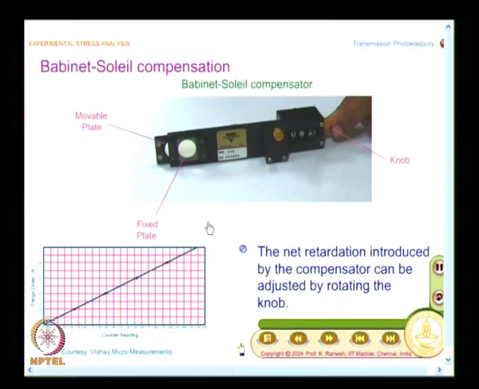So, the physics behind the Babinet's-Soleil compensator is that I have a provision to adjust the effective thickness of the compensator. One could be positive, one could be negative, there are many combinations possible, one could be tapered. So, essentially what you are doing is trying to adjust that fractional part, so that at the point of interest the model behaves like a full wave plate, and this is very interesting.